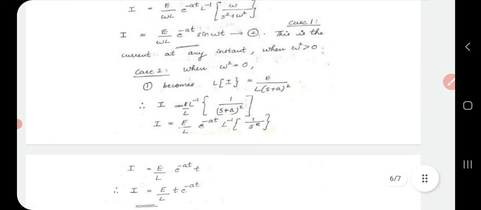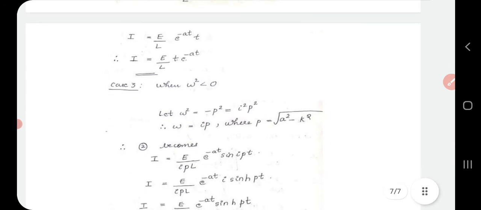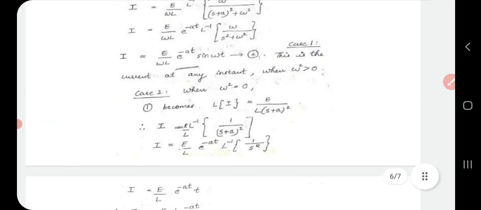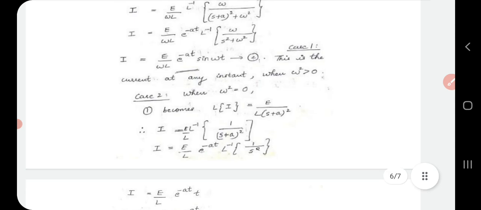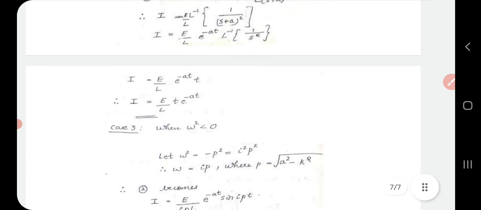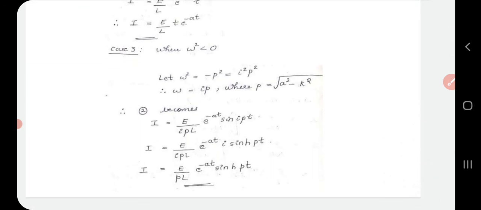Then e raised to minus at sin omega t. Instead of omega t, you are just introducing ipt. That is the only change. You just replace omega with ip. So your equation 2 will become I equal to E by ipL e raised to minus at sin ipt.